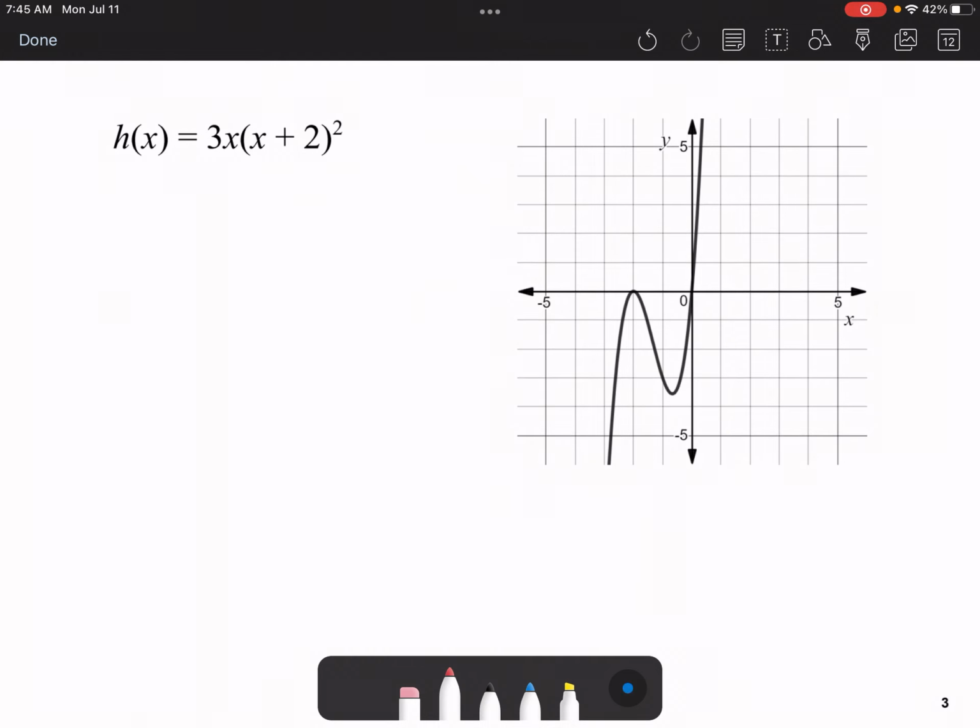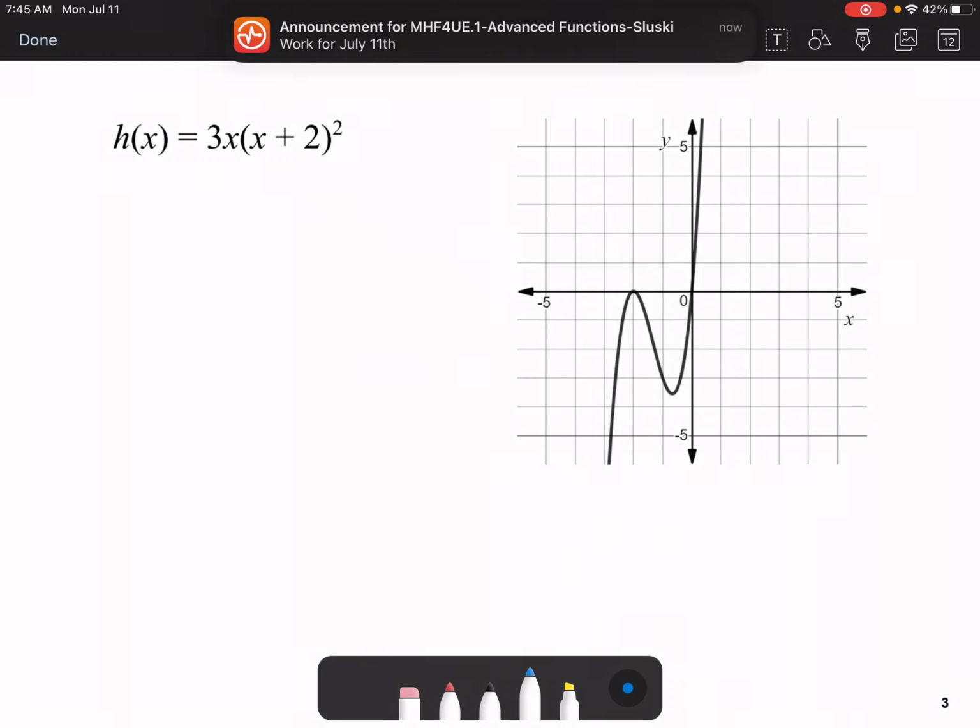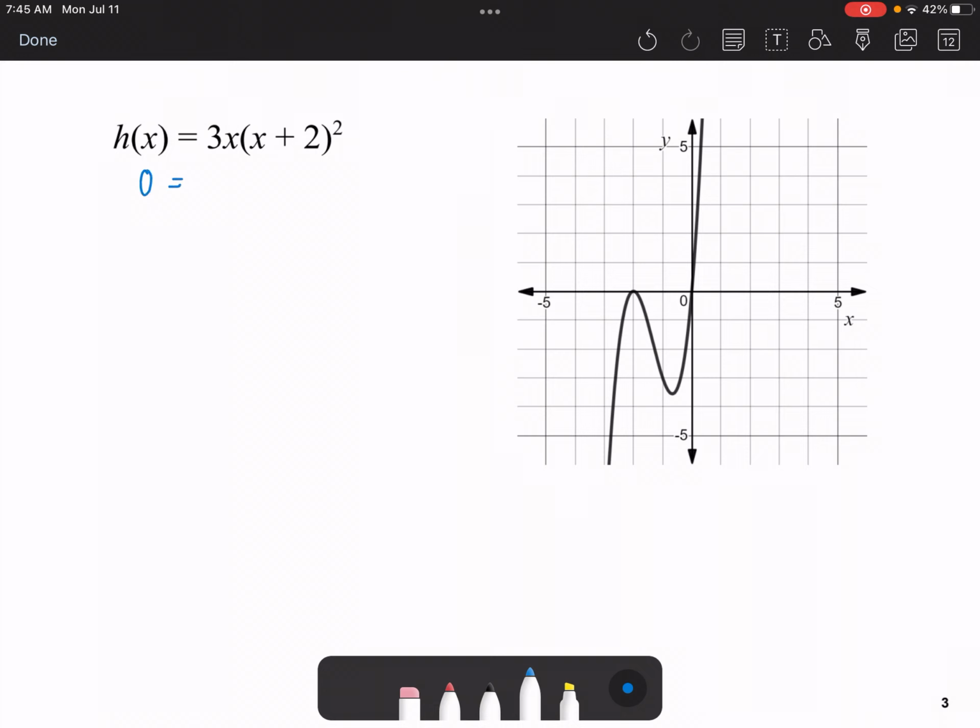Take a look at the function here. We can set h of x equal to 0, and then we can solve. This means 3x could equal 0, or (x + 2) squared could equal 0.